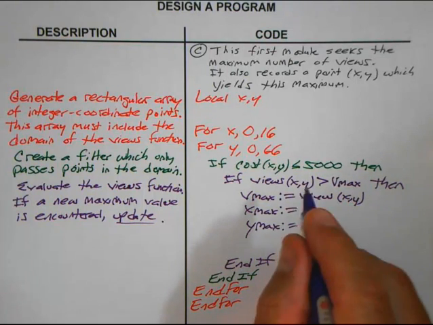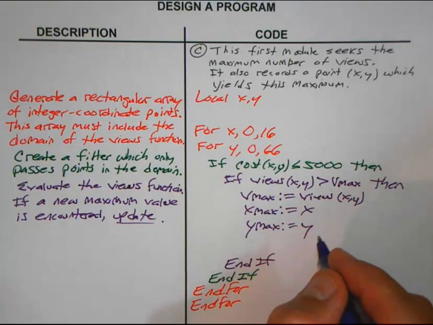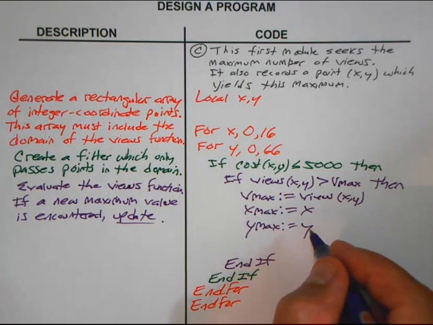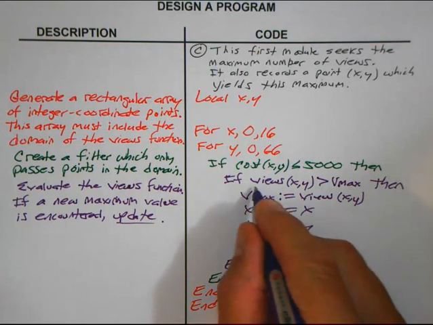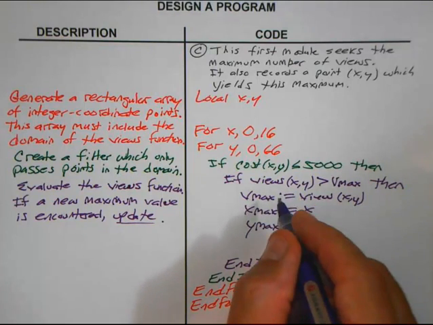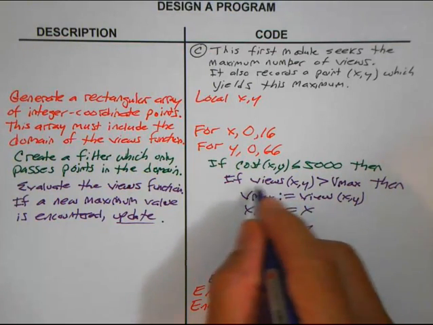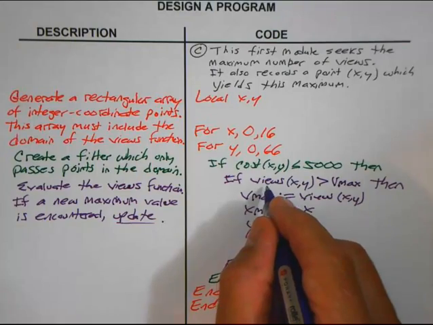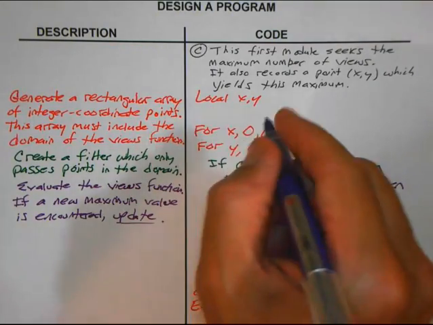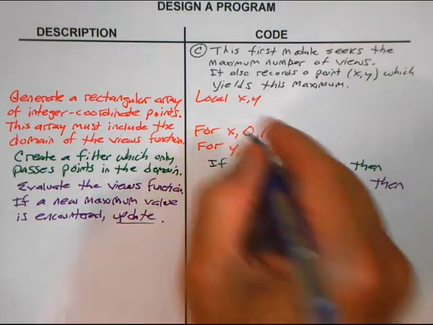A couple little problems. This won't work just the way it is now. One reason is that so far in this problem we haven't yet defined a views function, so this right now has no meaning. We can define it early in the program before we get into the counter loops. So let's do that.